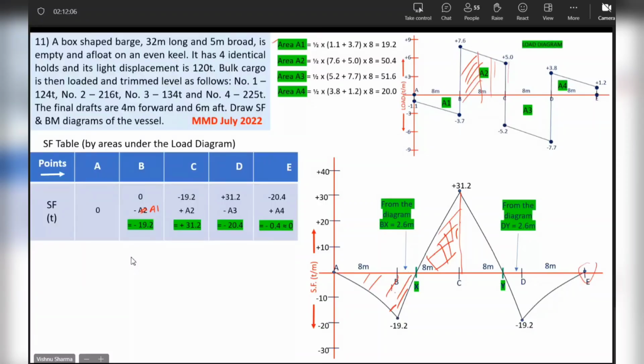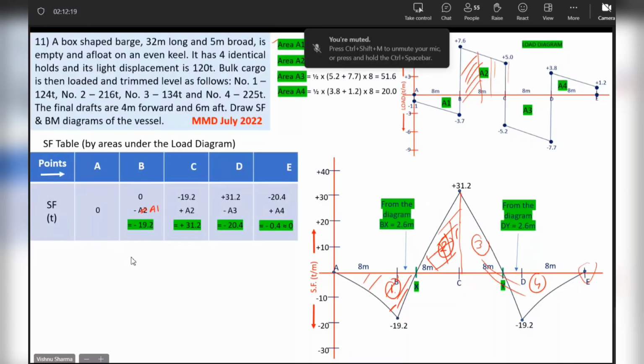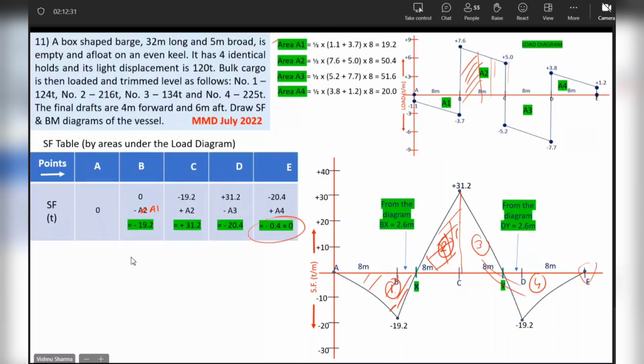This -1 and +2, this +3 and this -4. The other side is exactly mirror image. So that means these areas have to be equal or nearly equal. They cannot be exactly equal by the curve for sure. So you'll try to make them nearly equal and make them 0 as we did here. It is 0.4, we made it 0 here also, right?